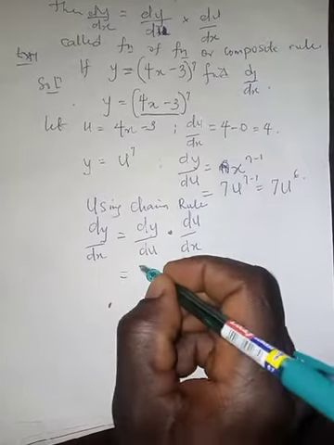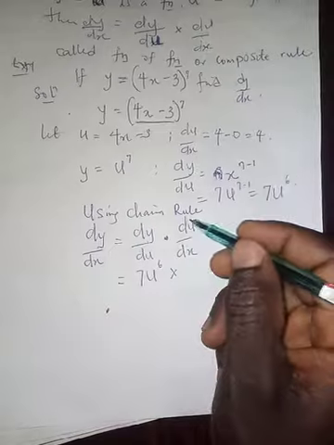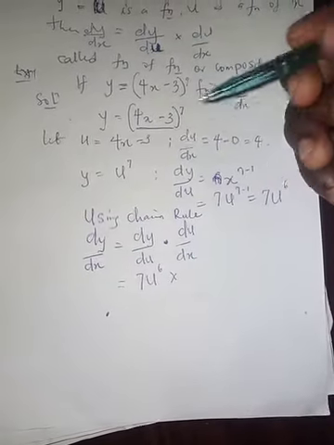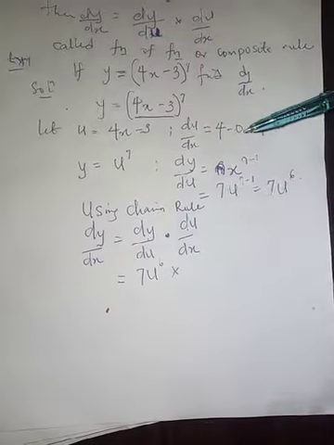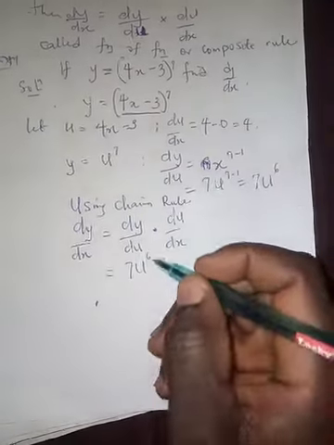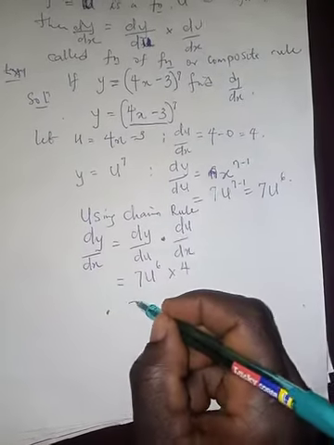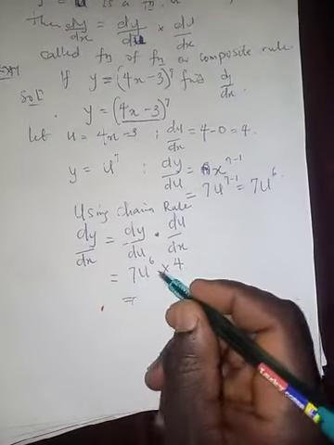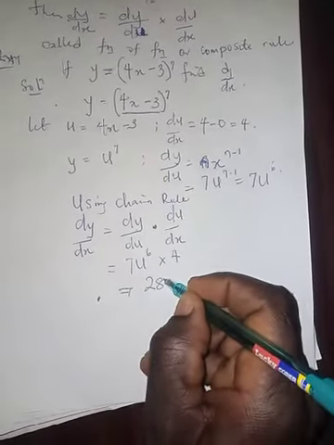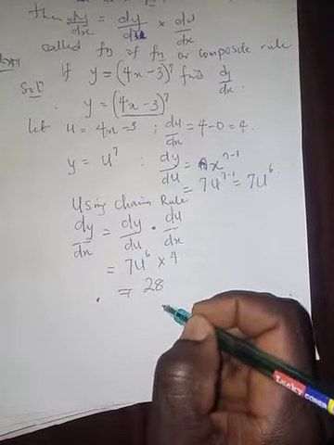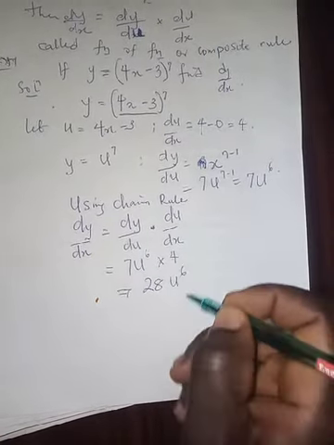Quickly substitute it here. We have 7u raised to power 6 multiplied by du dx. Recall that we have already differentiated this function, and we have our answer to be 4. Say multiplied by 4. And 7 multiplied by 4 gives us 28. And 28, remember we have u here, raised to power 6.